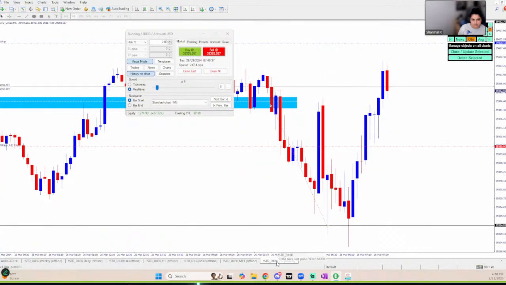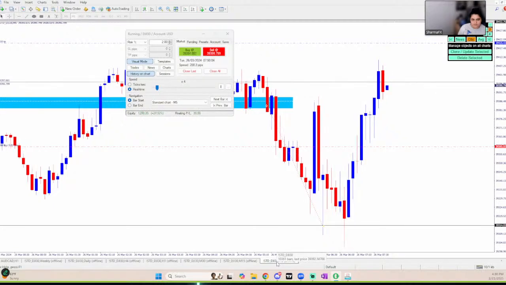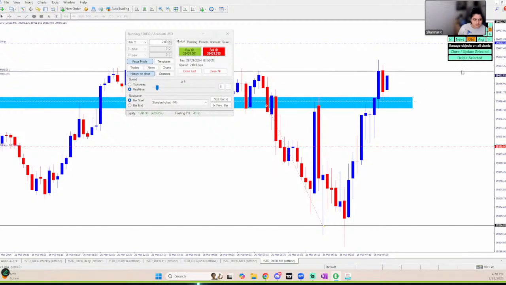Right, 30 seconds, and then you get a 5-minute closure. It closed bearish, but still above this area. So let's see if this next one can break those highs and push.